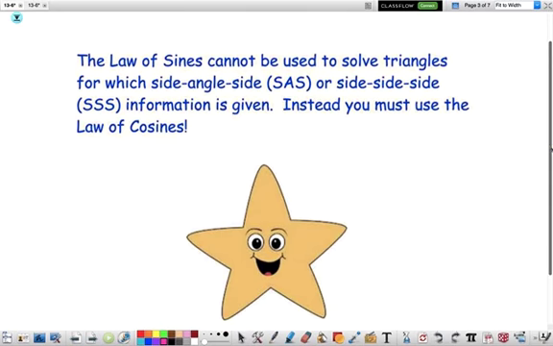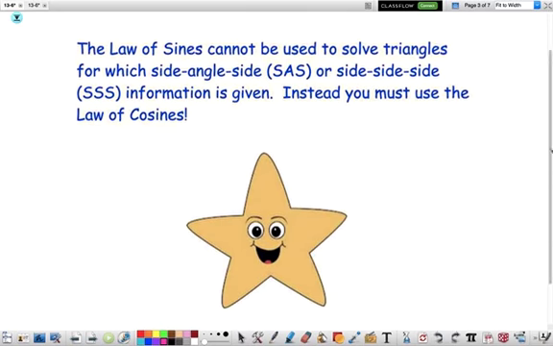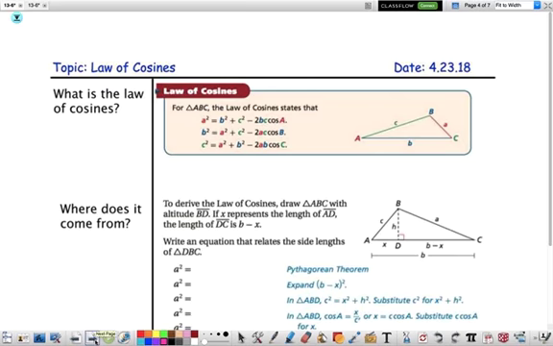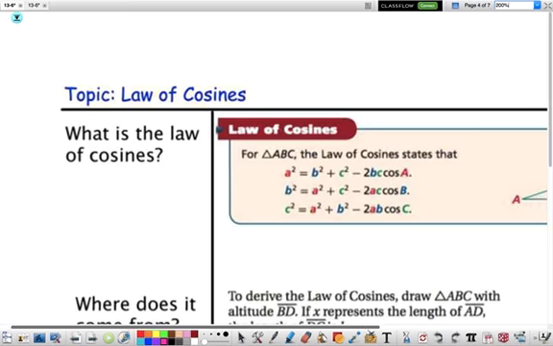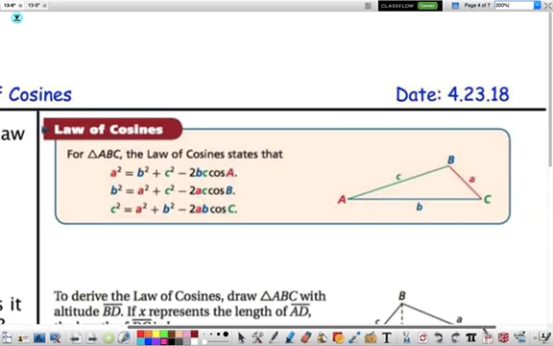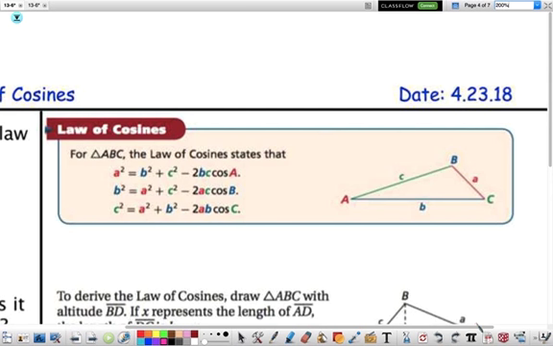Well, this happy star will tell you law of sines cannot be used. Well, actually, we already talked about that. We're going to use law of cosines for side angle side or side side side. Here's where we learn what it is. And today we're going to do our first proof. All right, so that'll be fun.